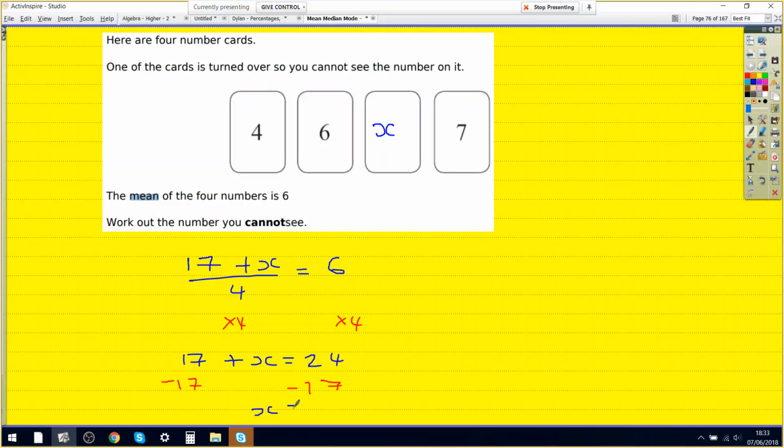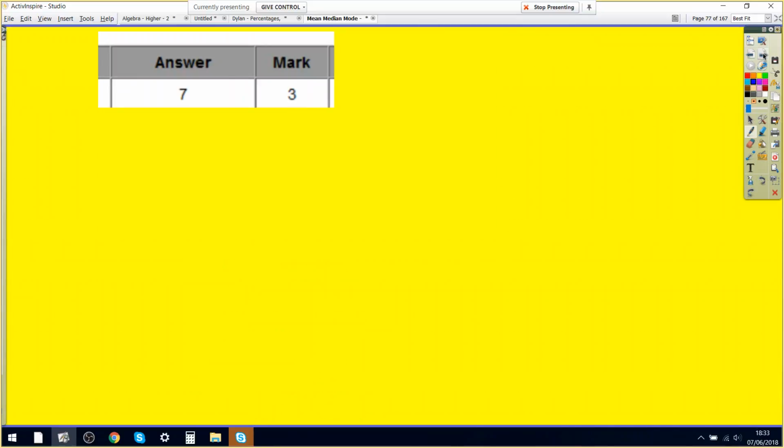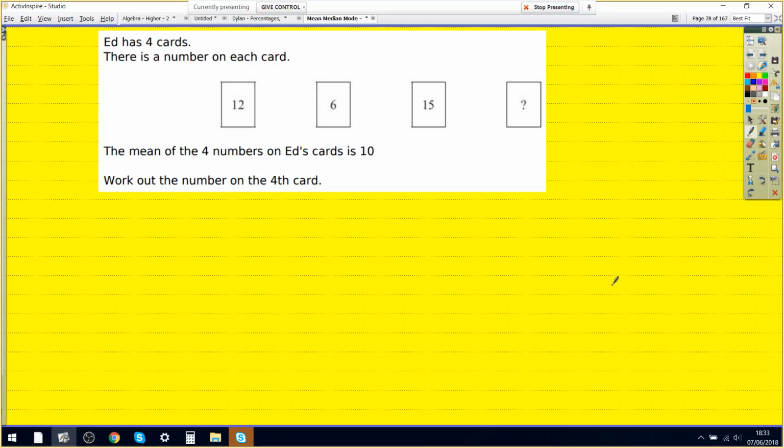And again, you can always construct the equation. Let the unknown number be x, construct an equation, and solve the equation. 3 marks. Okay, how do we do this?